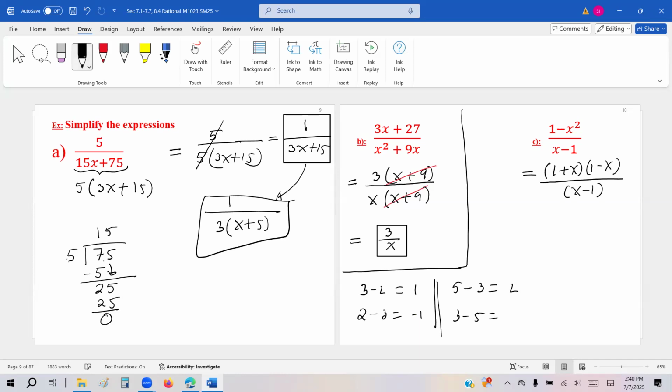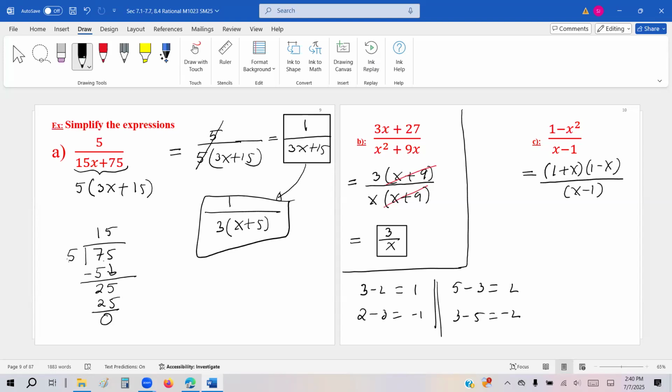What is 3 minus 5? Negative 2. So what do you observe? 3 minus 2 and 2 minus 3, what do they have? Same one, but the signs are different. So they're almost same. One is negative of the other one, right?